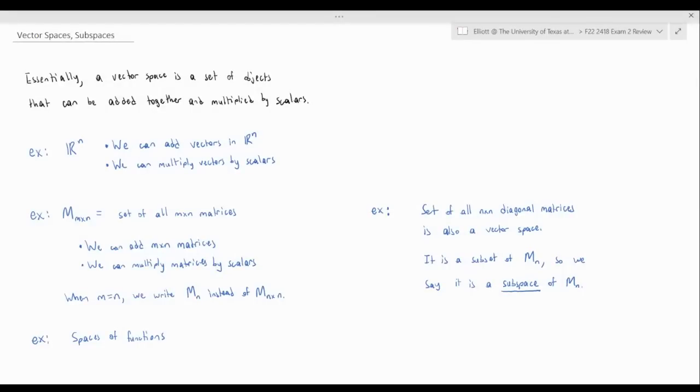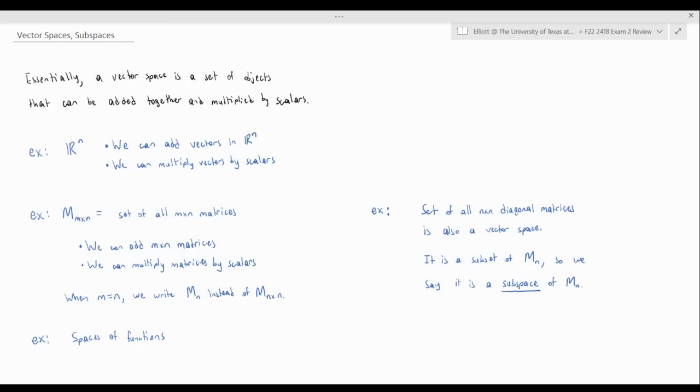So real quick, a vector space, you can just think of as a set of objects that can be added together and multiplied by scalars. Examples of vector spaces are Rn.